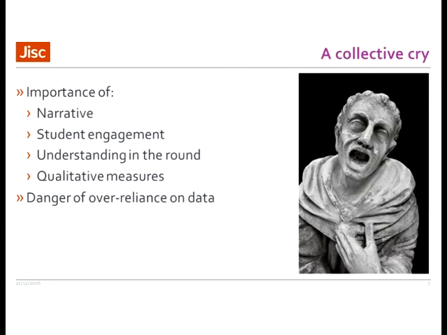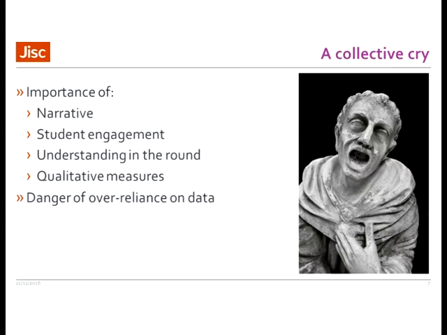So, as you might expect, the first reaction is really a collective cry of: don't forget all the other important things that need to be understood alongside data in order to make decisions. So it's not about everything being wholly data driven.